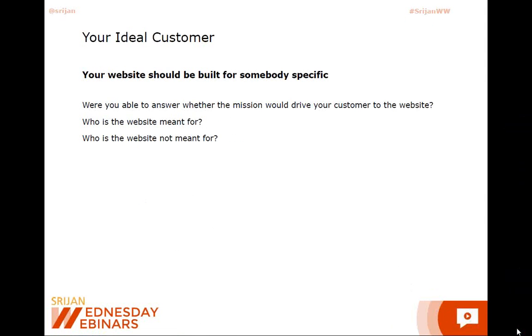If the corporation were clear about who their ideal customer is, they would have a much better sense of what's supposed to be on that home page. And if they also know who is not meant to be their customer, they're able to free themselves up so they don't throw in a bunch of things that detract from the message to their ideal customer and potentially confuse them.